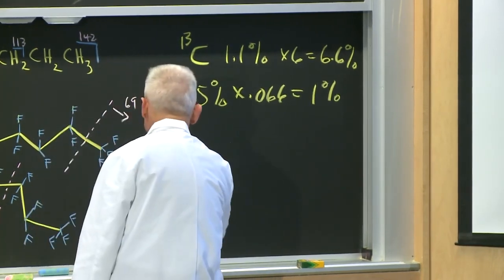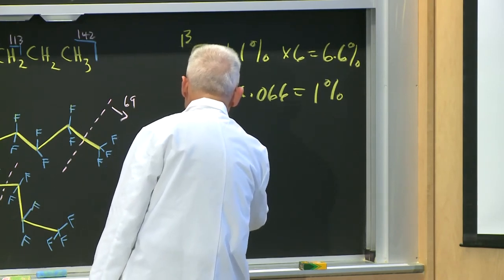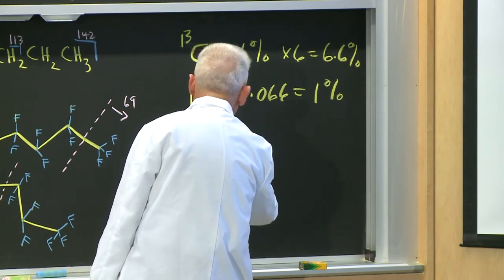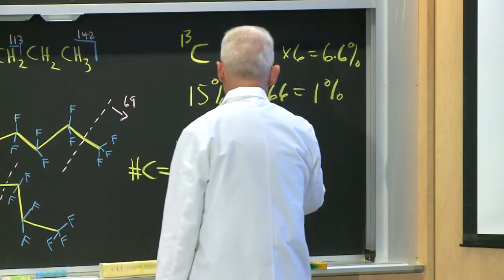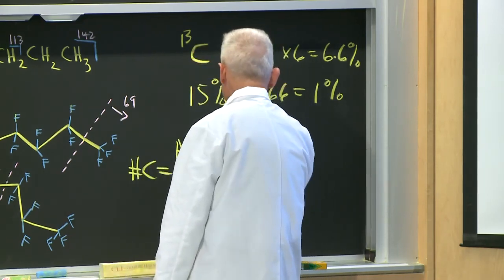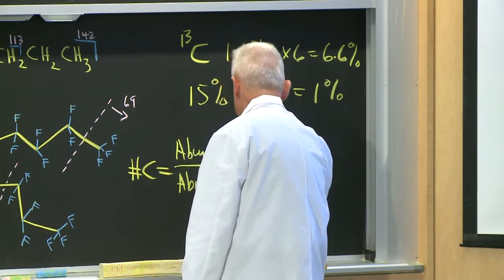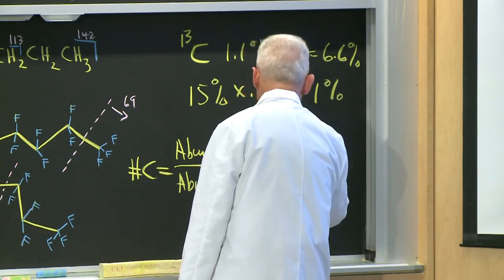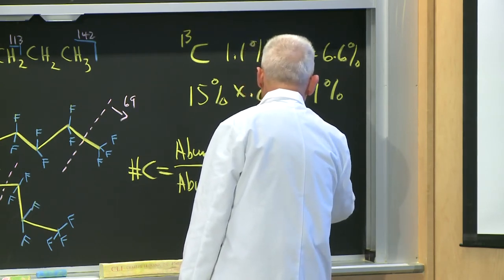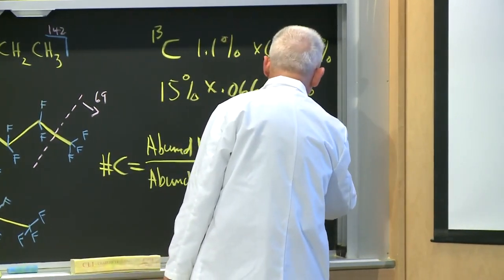The number of carbons would be equal to the abundance of the M+1 divided by the abundance of the M+dot, times 100, divided by 1.1.